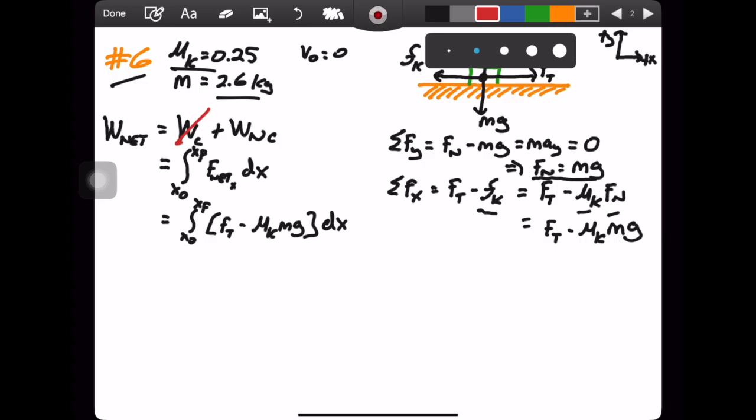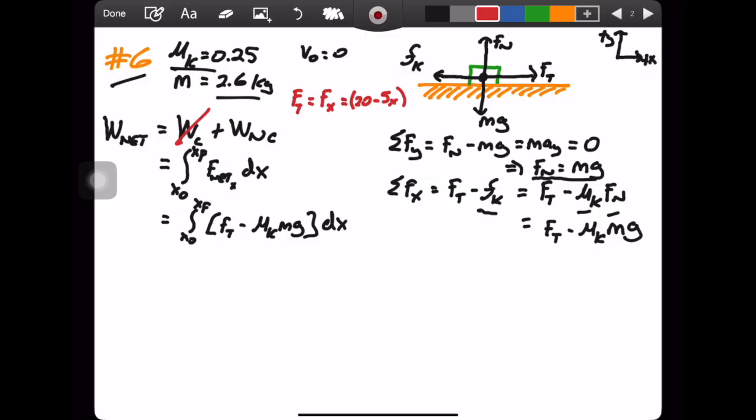More specifically, we are told that the force due to the tension is acting exclusively in the x direction, and it's equal to 20 minus 5x, in units of newtons.